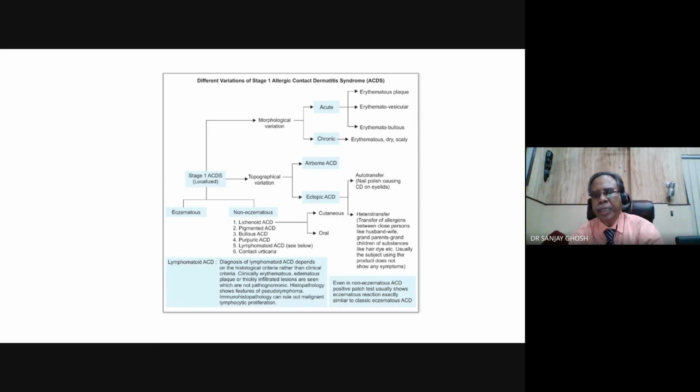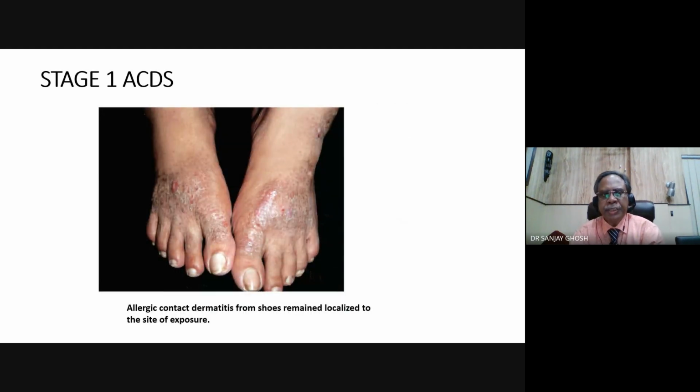In this way, chemical vitiligo or chemical leukoderma can also occur by autotransfer or heterotransfer. And non-eczematous: people normally believe that contact dermatitis means always eczema. That's not at all true. In many cases, contact dermatitis could be non-eczematous. That I'm coming to later on. So this is stage 1.